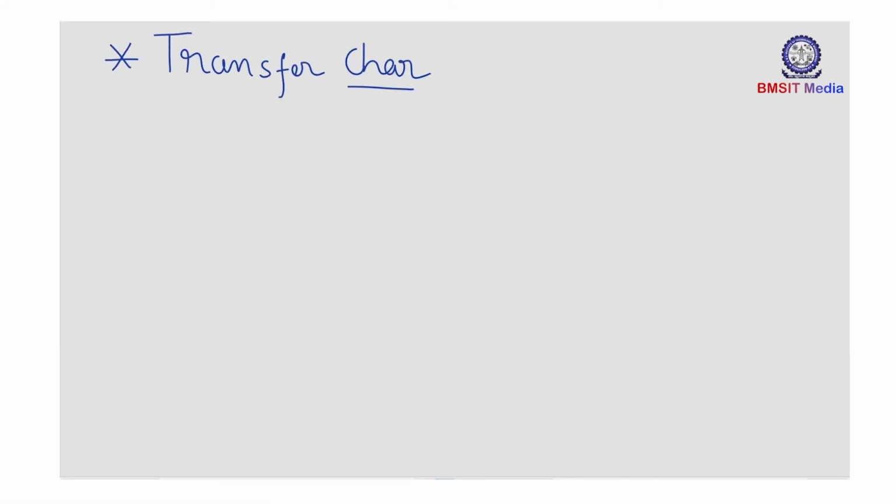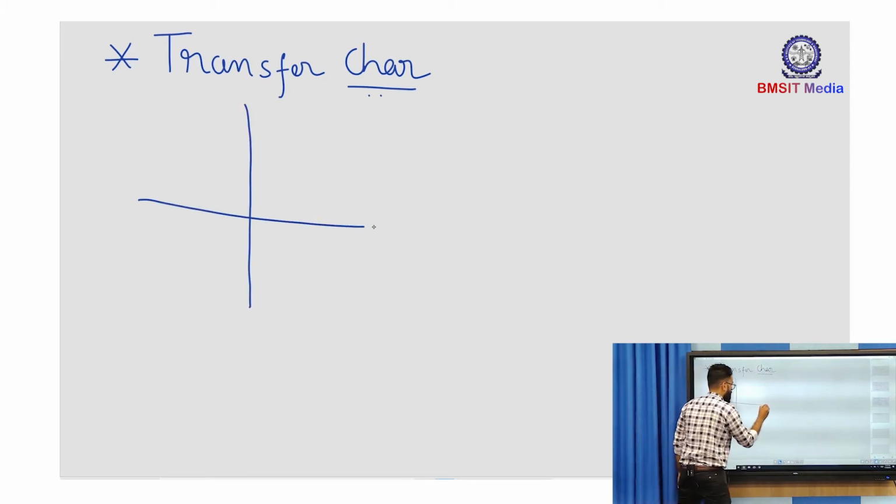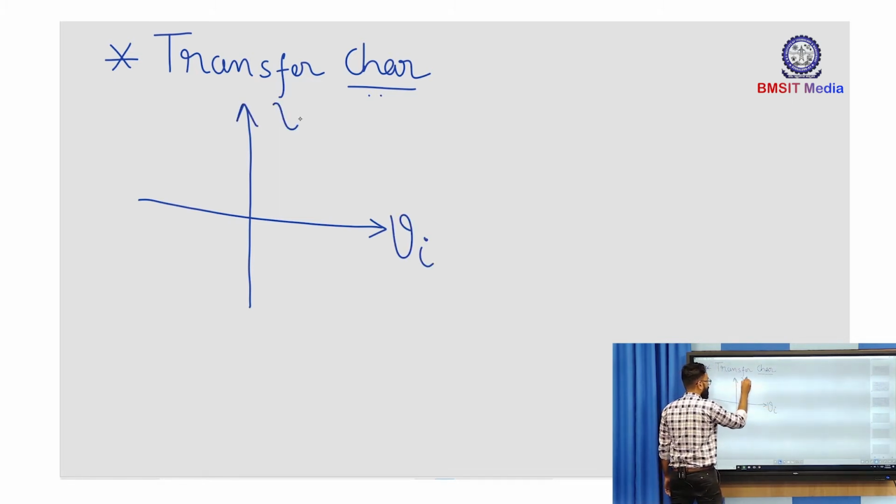Along with the waveforms, you will also have to plot something known as transfer characteristics. So transfer characteristics, in simple terms, is nothing but the plot of input voltage versus output voltage. Okay.